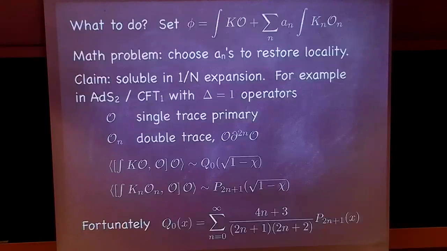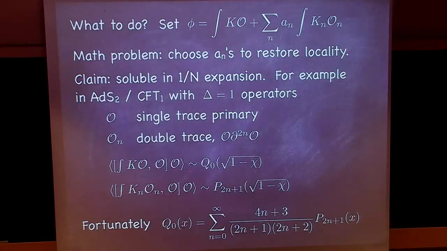So what to do about that? Well, I think there's really only one thing you could imagine doing. You have to redefine what you mean by a bulk field. So you say the bulk field at leading order is given by smearing an operator in the CFT.